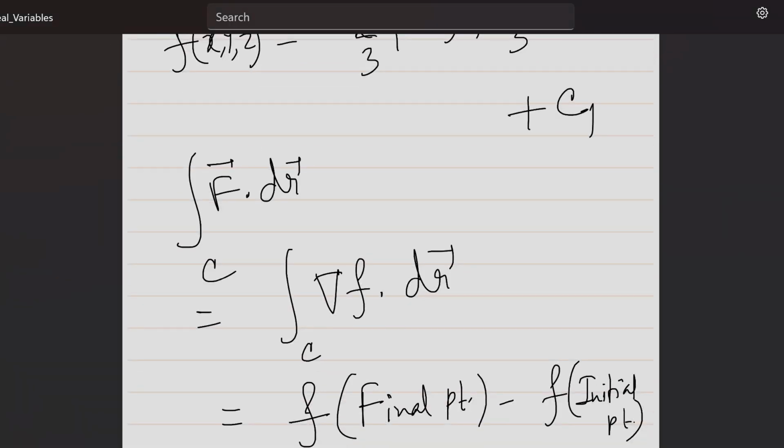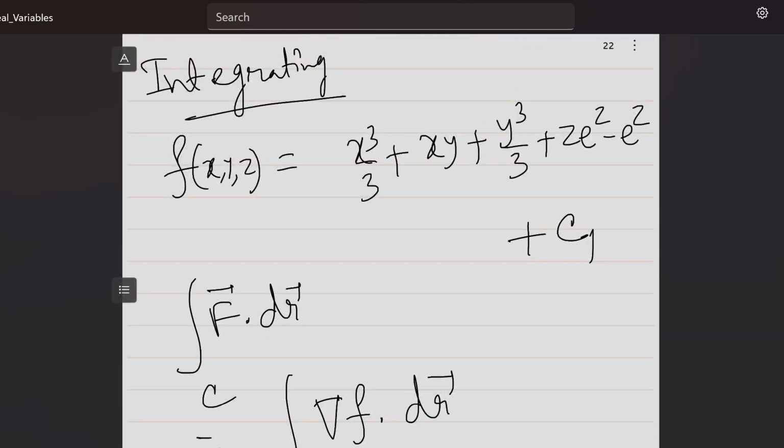So you have to find small f at (1,0,1) minus small f at (1,0,0). What is small f? Small f is this thing. So C1 will cancel because C1 is same for both f(1,0,1) and f(1,0,0).